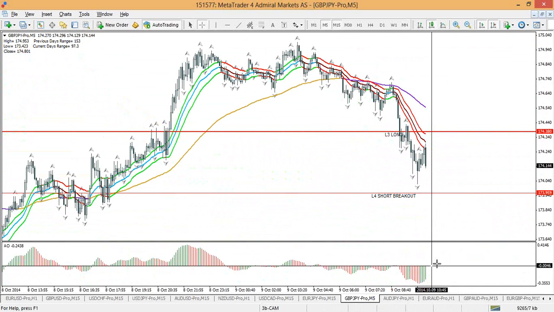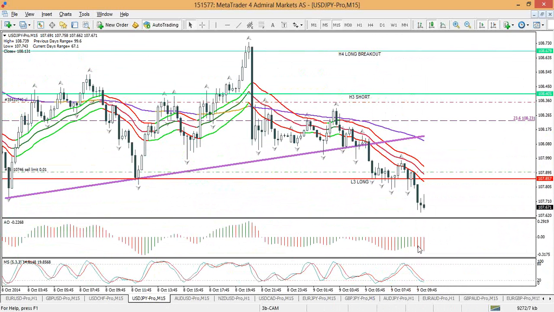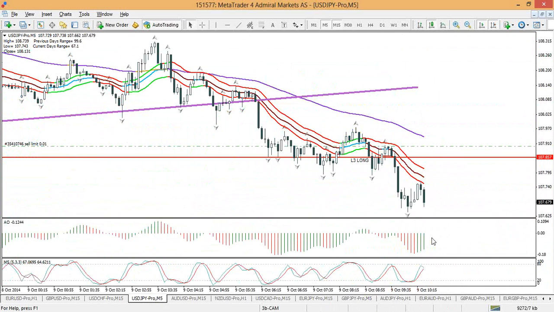I'm waiting for the AO to go back to the zero line here. You can do the same thing on the USD/JPY. Let's see. Although no guarantee it could get back to that retracement level, to be honest.